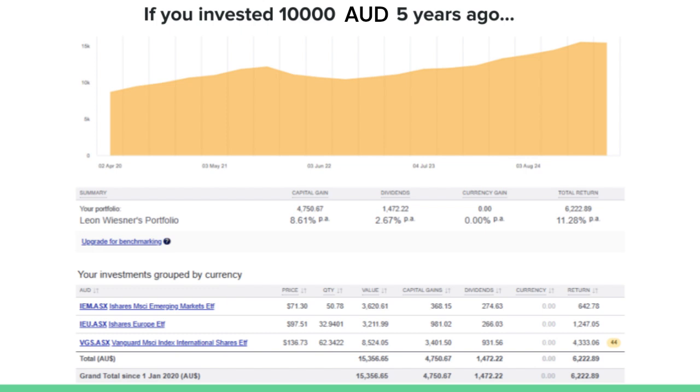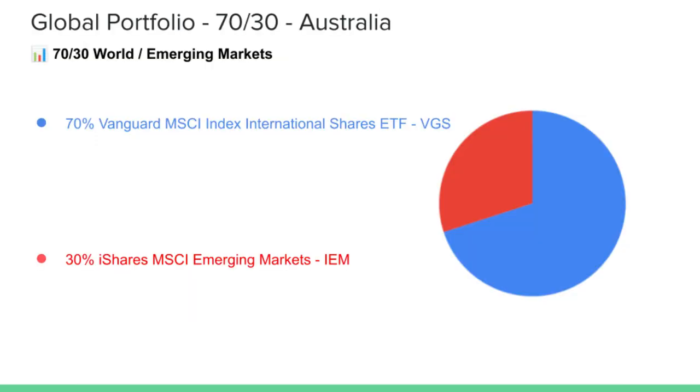If you prefer, another very common one is the VGS and IEM combo, a 70-30 portfolio where you do not have Europe, but you have mostly US stocks in this VGS component, international shares.